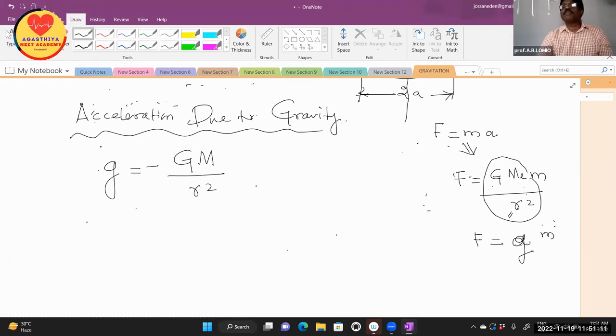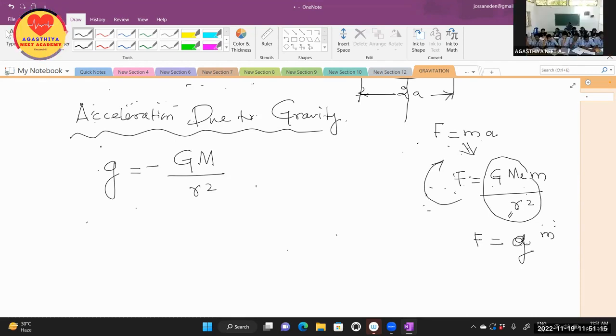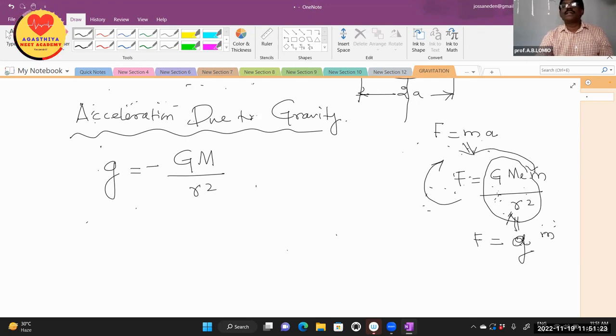When you compare this formula with the standard formula, we can equate the acceleration as g with this quantity, for the remaining value in the mass. Therefore, g can be equated as acceleration due to gravity, minus G capital M divided by R squared. Understand, students? Where M means mass of the earth.